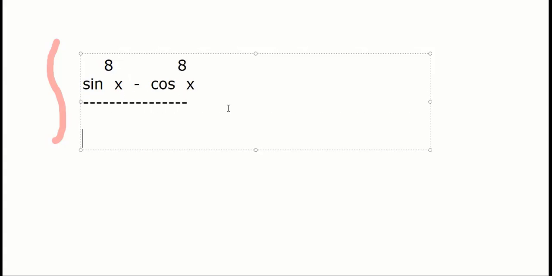If I say the integration of sin x to the power 8 minus cos x to the power 8, divided by 1 minus 2 sin square x cos square x dx. I don't want the answer, I want to know what method you will apply.